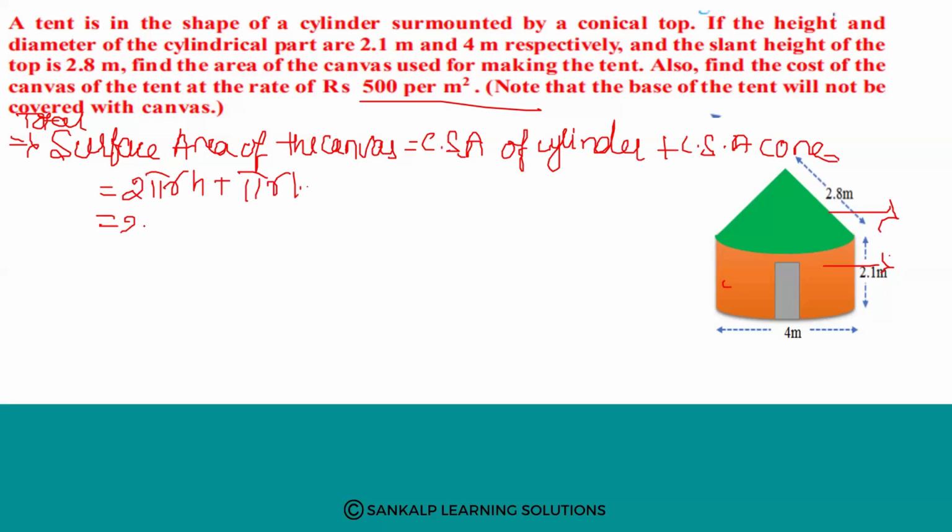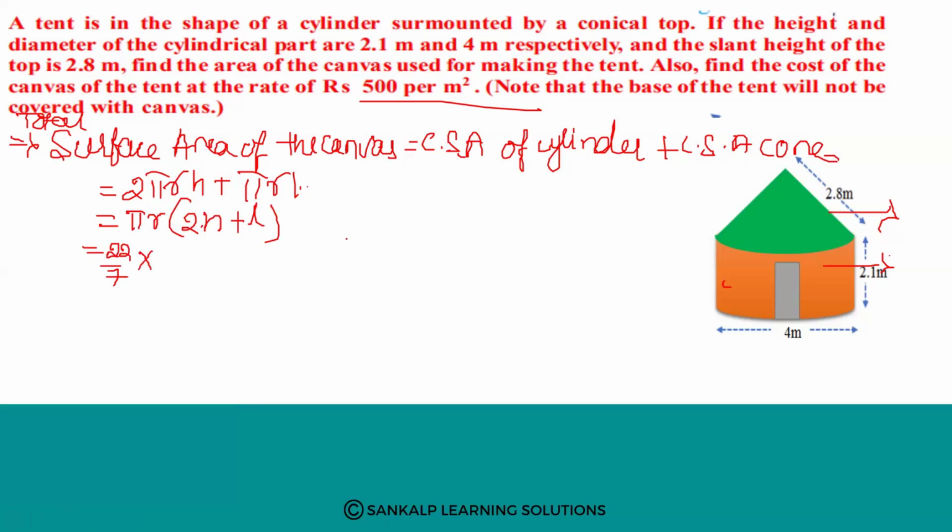Before multiplying, first we'll take common, then it will be easy for us. So here pi R is common, that we will take outside. If I take pi R common, then 2H will remain in the bracket plus L. So pi value is 22 divided by 7.